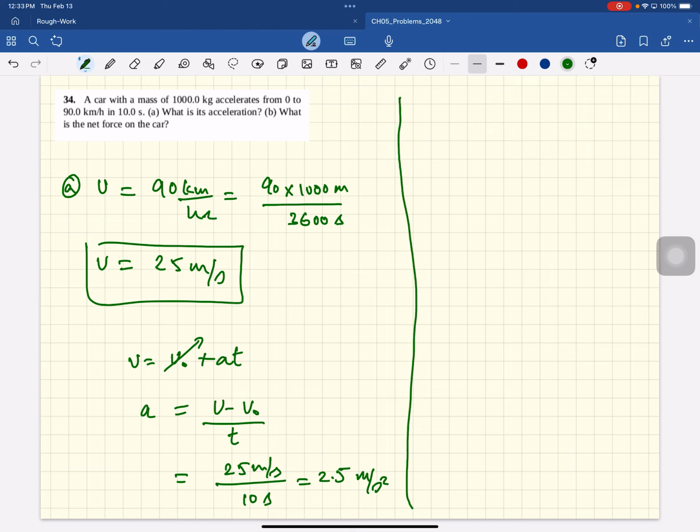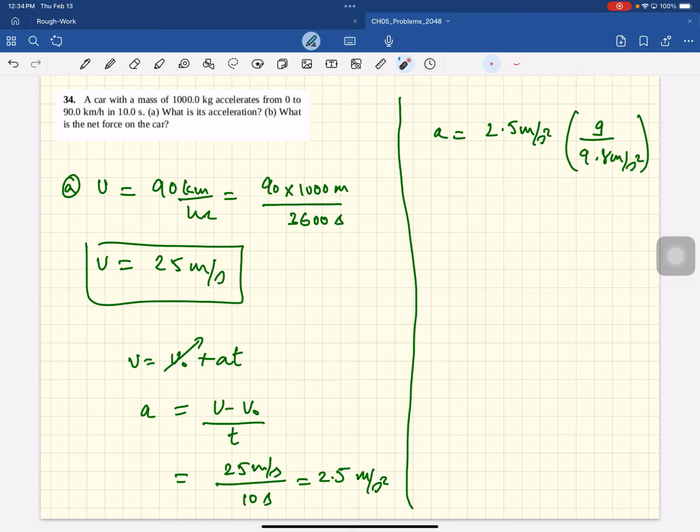Now, before we go on to part B, let's write the acceleration in terms of g's. So here's the acceleration, and what I'm going to do is multiply it by 1.